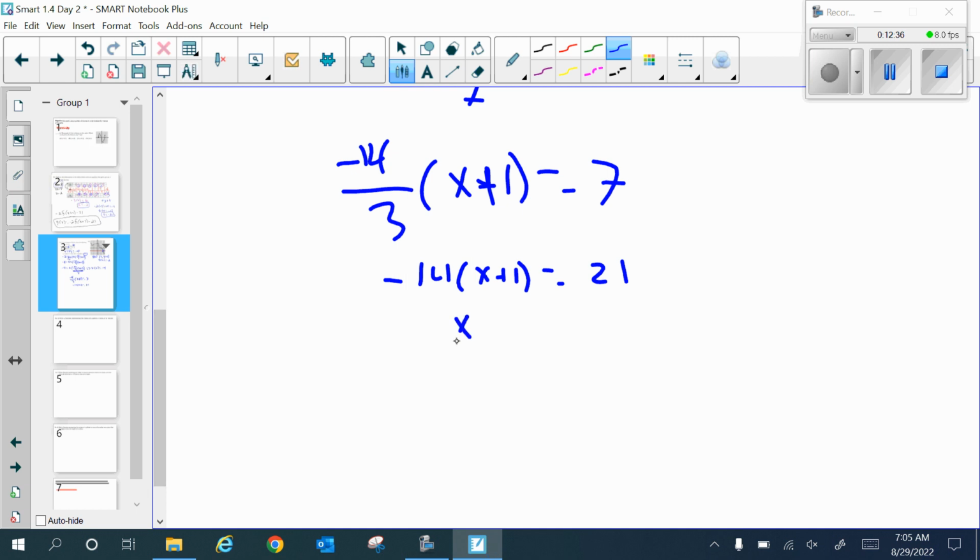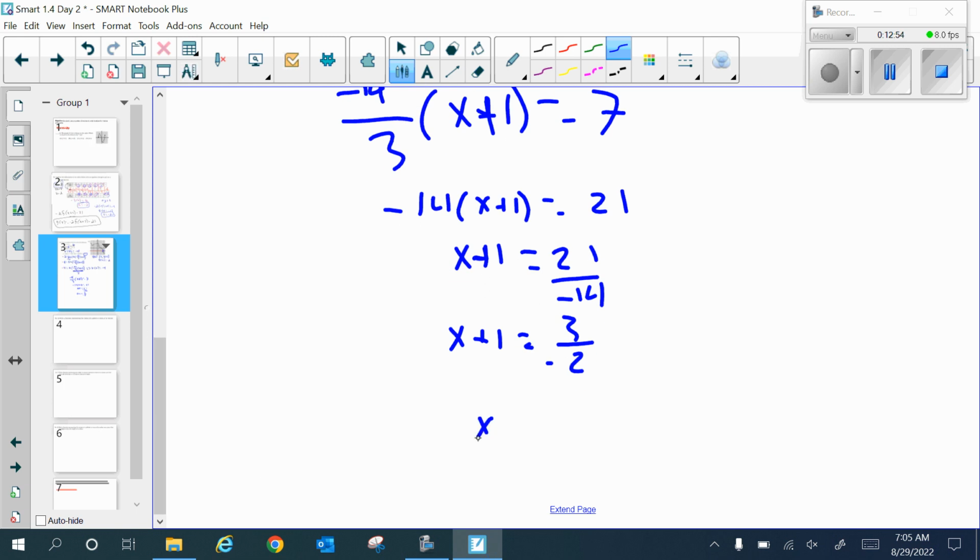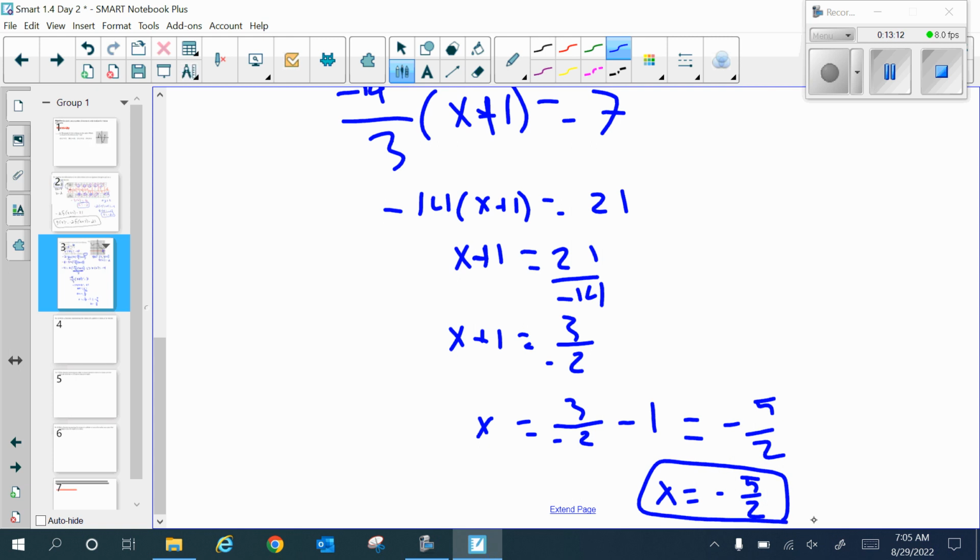Divide by -14 on both sides to get x plus 1 equals 21 over -14, which we can reduce down to 3 over -2. Subtract 1, x equals 3 over -2 minus 1, which is the same thing as 2 over 2. So we end up getting -5 over 2. So my x equals -5 over 2.